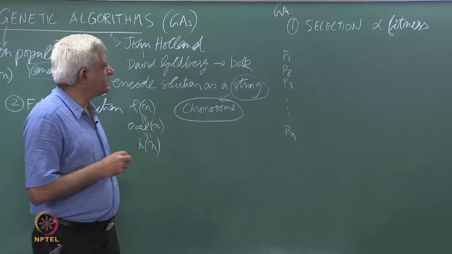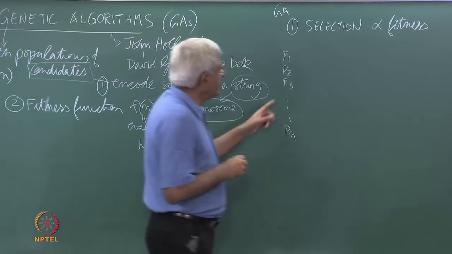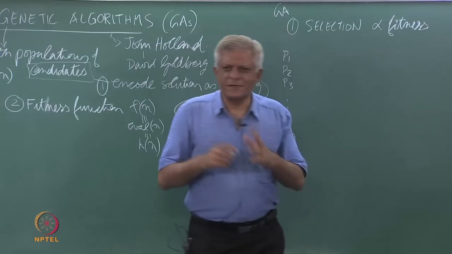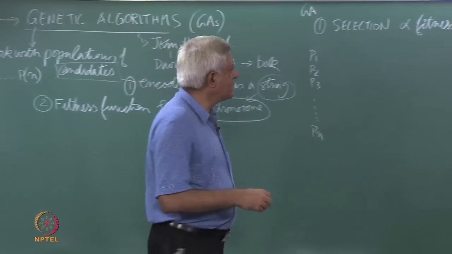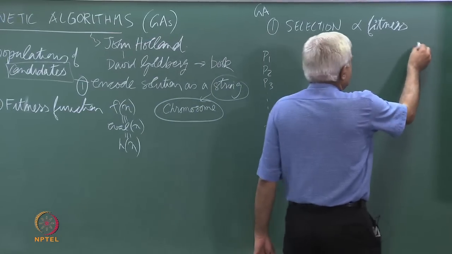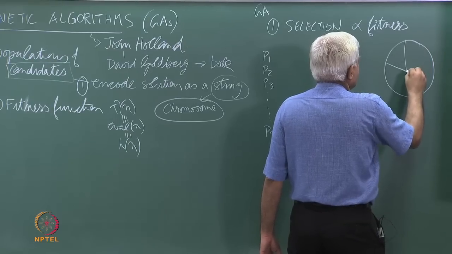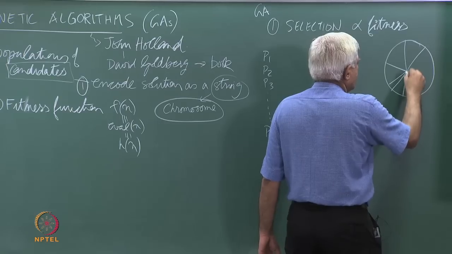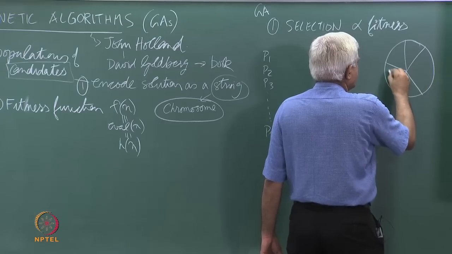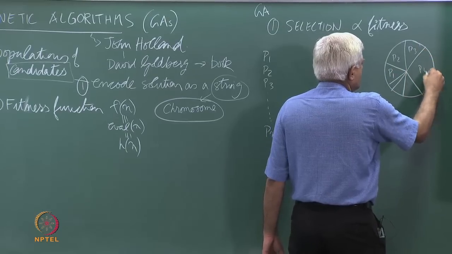How do we do this? We can think of it as a roulette wheel in which we assign sectors proportional to their fitness. So, this is P1, this is P2, this is P3, P4 and so on.